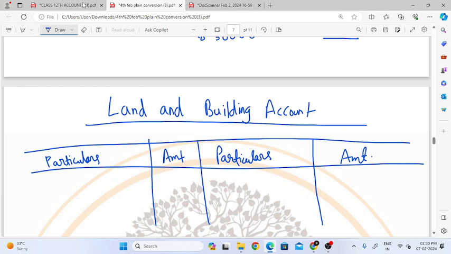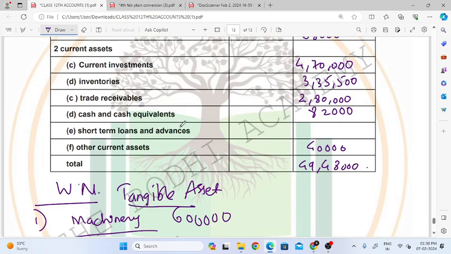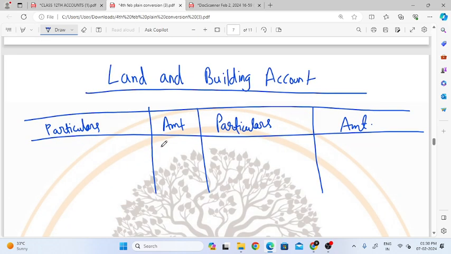So the first thing is you have to check how much is the opening balance and the closing balance of land and building. So opening balance is 2,90,000 and closing is 3,78,000. So to balance brought down 2,90,000, by balance carried down 3,78,000.